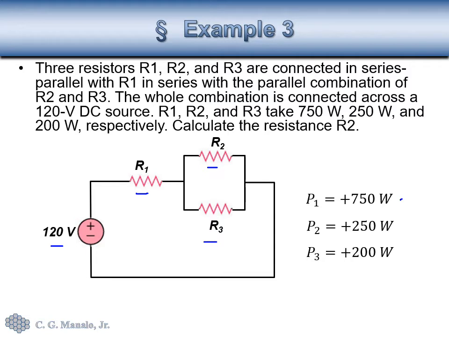So for R sub 1, it absorbs a power of 750 watts. R sub 2 absorbs 250 watts, and R sub 3 absorbs 200 watts. Now I've indicated here a plus sign for the power, signifying that this power is being absorbed by the resistances.